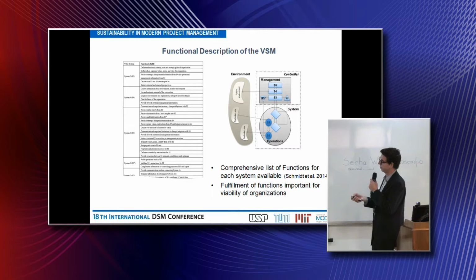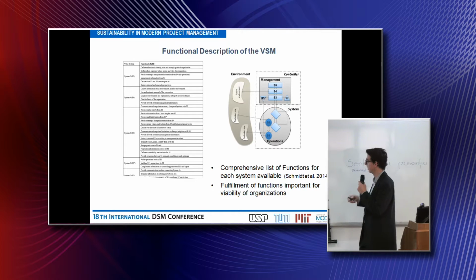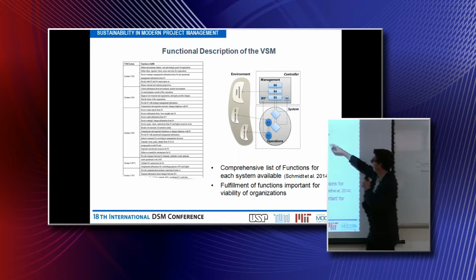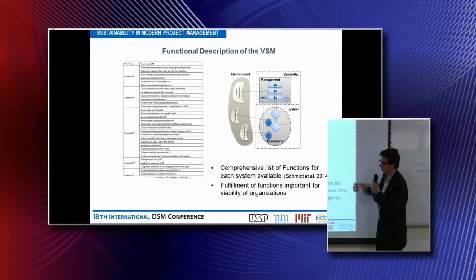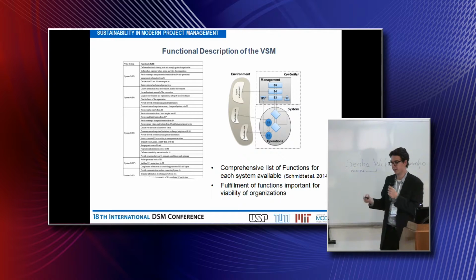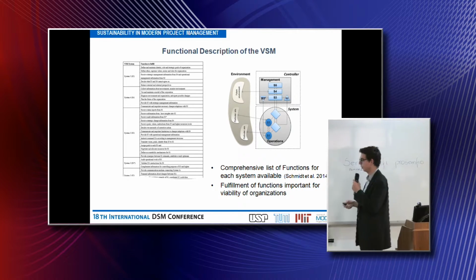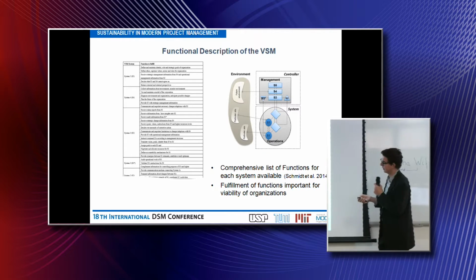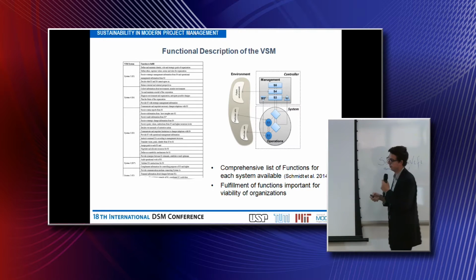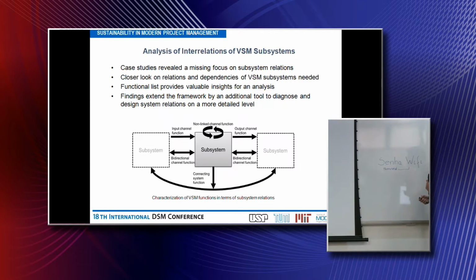And all those functions are needed to be viable as an organization, from trend monitoring, coordination, auditing, like the system at 3-star, the coordination among the different operational units. So you have a functional list, and that's when structural complexity management becomes handy, because you can link the different functions to each other and see where the missing part is, for example, with the corresponding person in your organization.